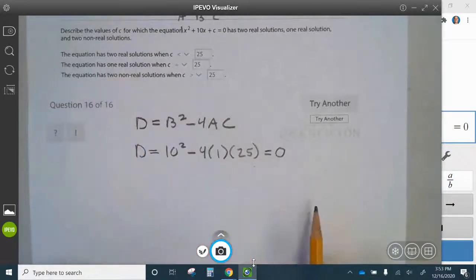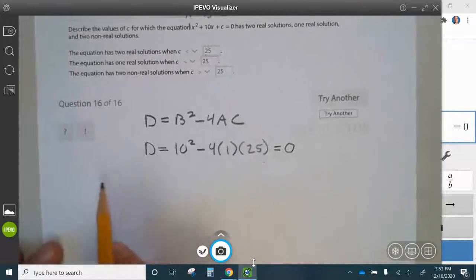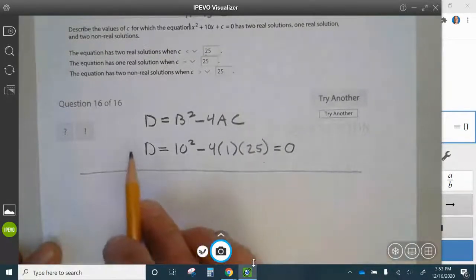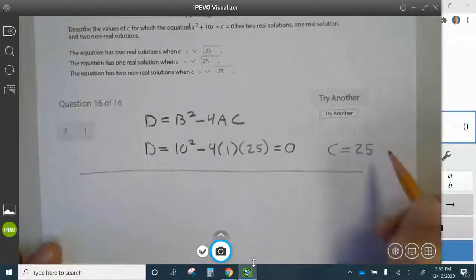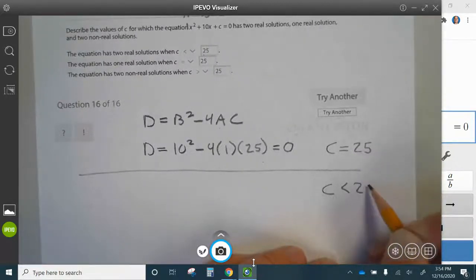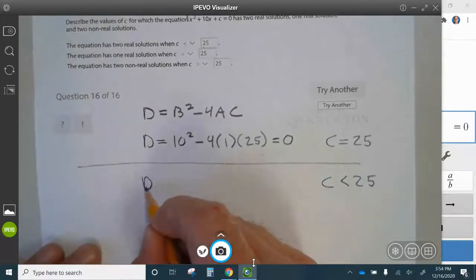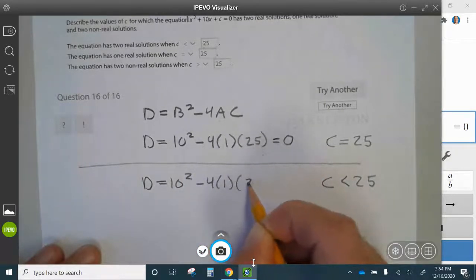Okay? Now, it says when it's less than 25. So now, okay, this is when c equals 25. Now, let's do when c is less than 25. So let's pick an obvious number, 24. So d equals 10 squared minus 4 times 1 times 24.